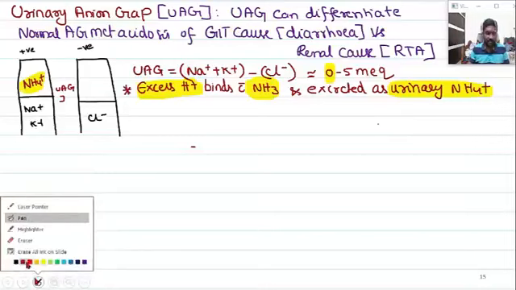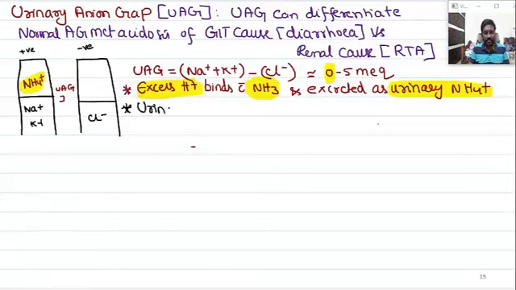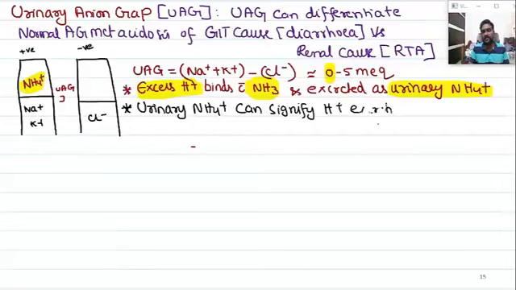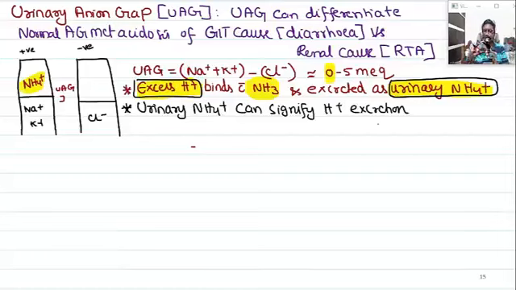Now let us see a few conditions. Before that, a simple logic: urinary NH4 plus can signify H plus excretion. Whenever urinary NH4 plus is seen more, it means a larger amount of H plus has come into the urine and bound with NH3. It means H plus has been excreted very well.